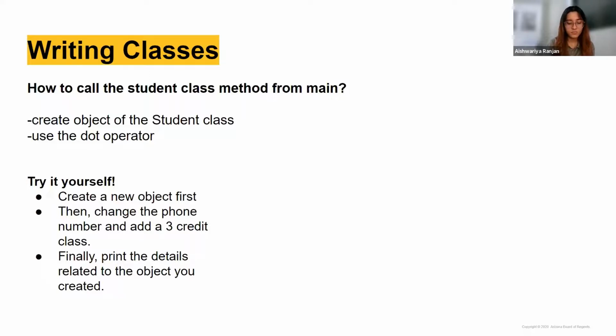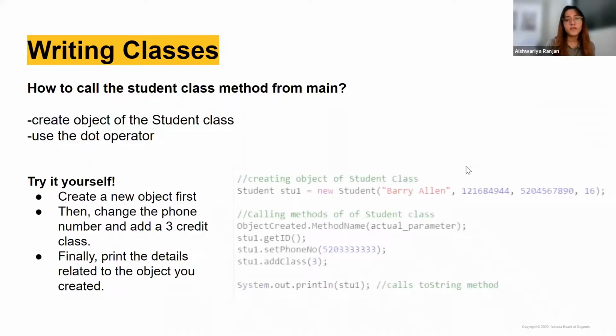All right. So first, to create an object of the student class, we do student1 equals new student. Since the constructor has four variables in its input list, and the order over here matters, remember, we have name, ID, phone number, and then the total amount of credits.